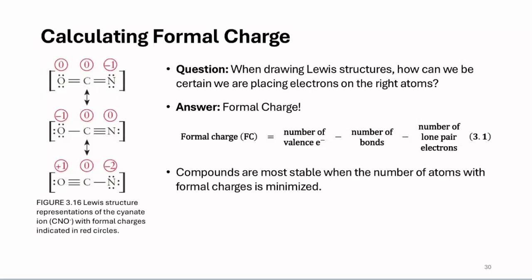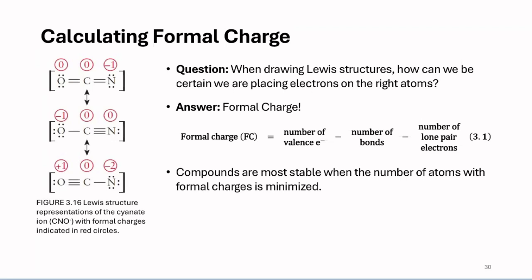In this video, we're going to learn about the calculation of formal charge. Formal charge is going to be a tool that we utilize in chemistry to look at the placement of electrons on the right atoms in a Lewis structure.